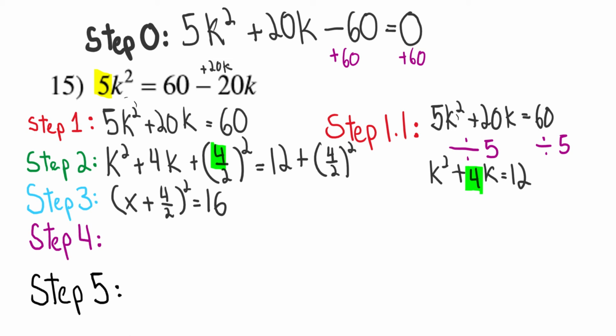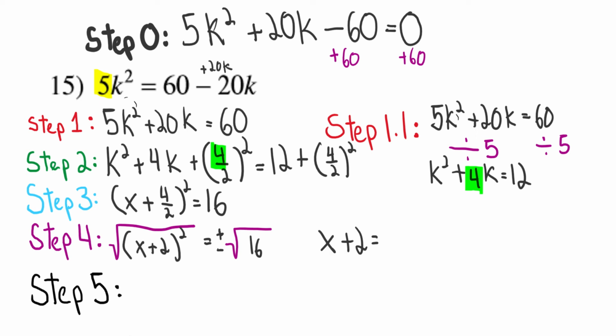So, step 4, if everyone remembers, just like the other parts, is I take the square root of both sides. The square root of this side, and I take the square root of the other side. Ojo, ojo everyone, plus minus 16. Yes, plus minus, ojo. This will give me the new form of k plus 2 is equal to plus minus the square root of 16.